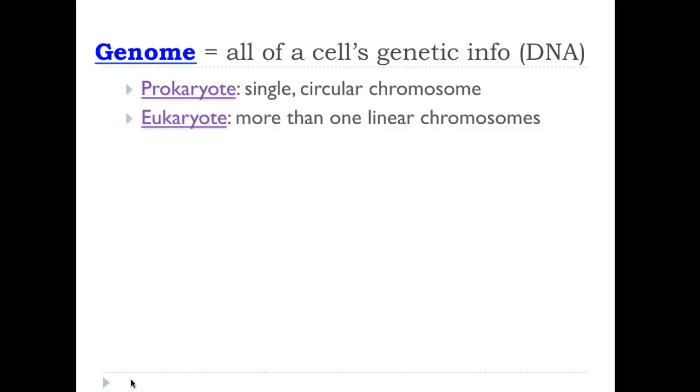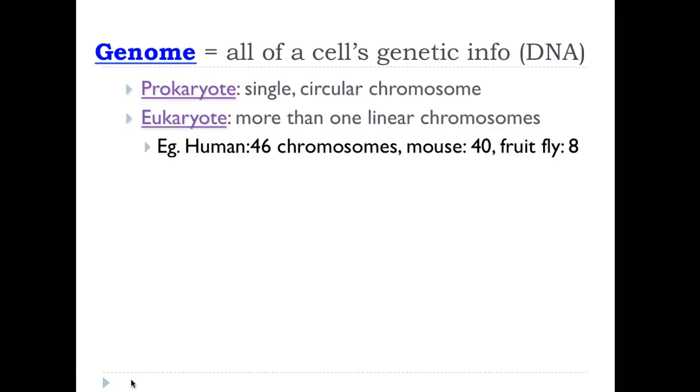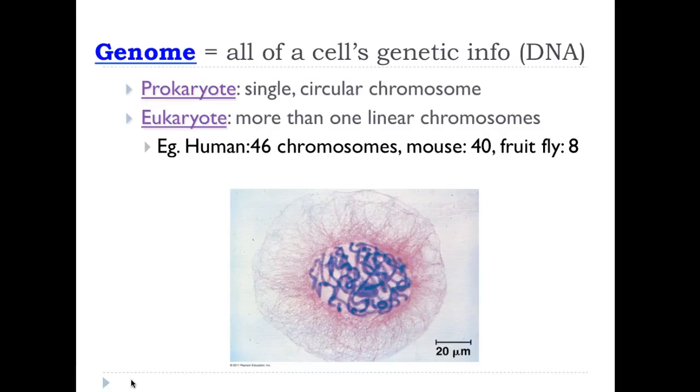Humans have 46 chromosomes. Mouse have 40 chromosomes. A fruit fly, Drosophila melanogaster, only has 8 chromosomes. And there you can see those chromosomes in the cells pictured below.